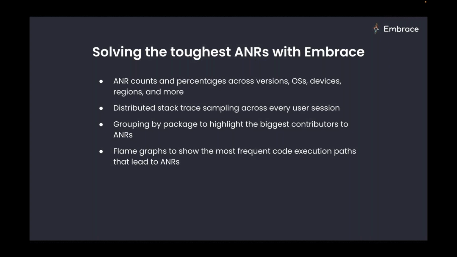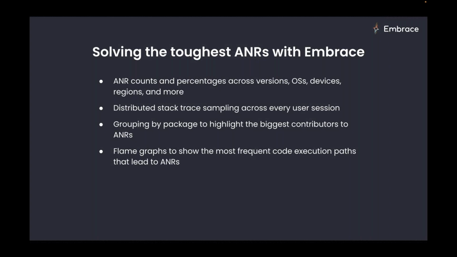Similarly, for ANRs, we hope we've shown you the similar. You can see ANR counts and aggregate metrics, and you can also find out whether particular versions, operating system versions, devices, and regions are overrepresented.